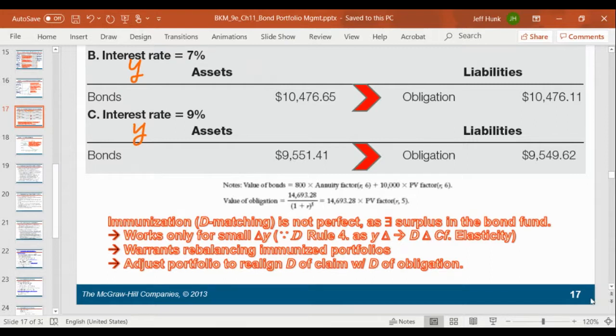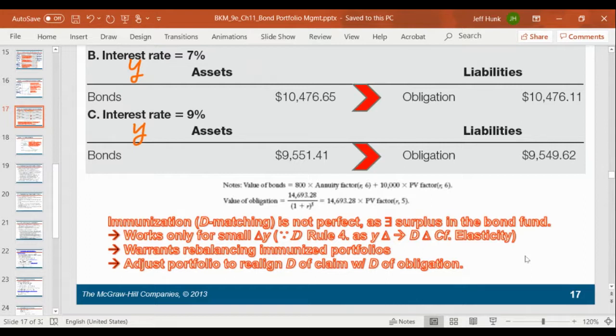This is due to duration rule number 4. I also mentioned this in the previous graph: as the yield changes, duration changes as well. I mean, a change in interest rate leads to a change in duration, right? Because it's like elasticity.